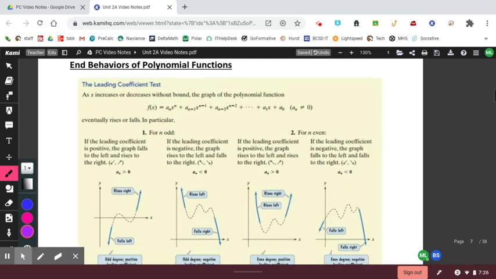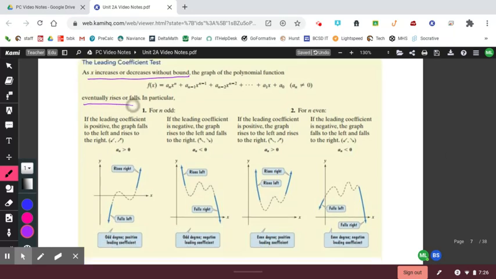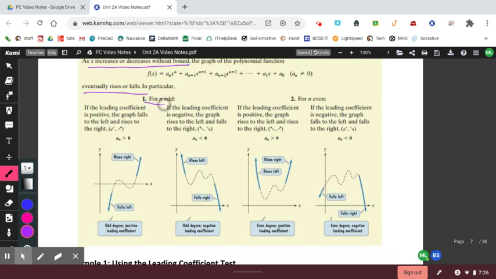All right, and end behavior. We did talk about this last year, but a little review of it. As x increases or decreases without bound, the graph of the polynomial function will eventually rise or fall. So we look at the ends, okay? Not so much the middle when we're looking at end behavior here. When n is odd, so if you have odd degree, you will either have ends that rise to the left and fall to the right, or fall to the left and rise to the right.